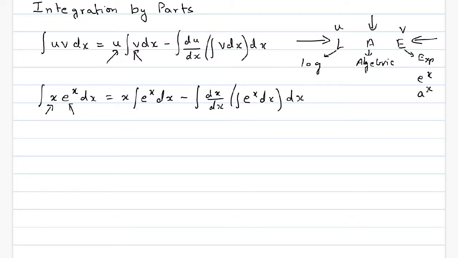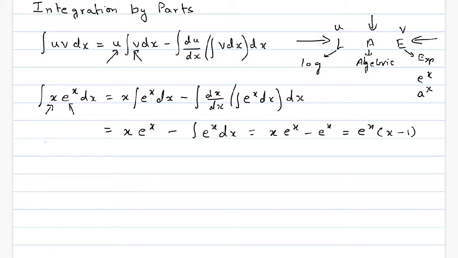We know the integration of e raised to x is e raised to x, so we get x e raised to x, minus, since the differentiation becomes 1, the integration of e raised to x dx. Finally we get x e raised to x minus e raised to x, or taking e raised to x common, e raised to x times (x minus 1). So this is the integration of x e raised to x using integration by parts.